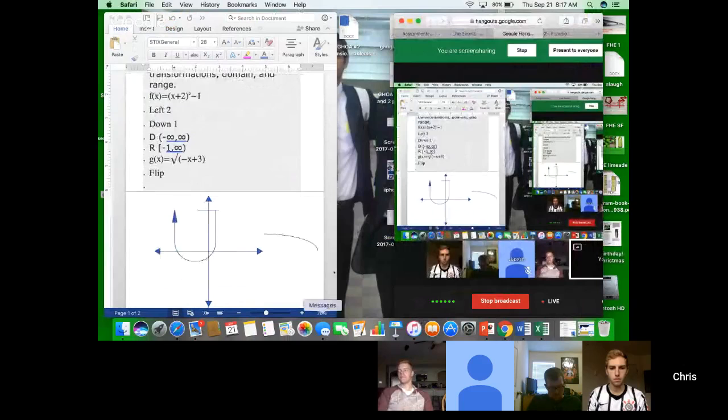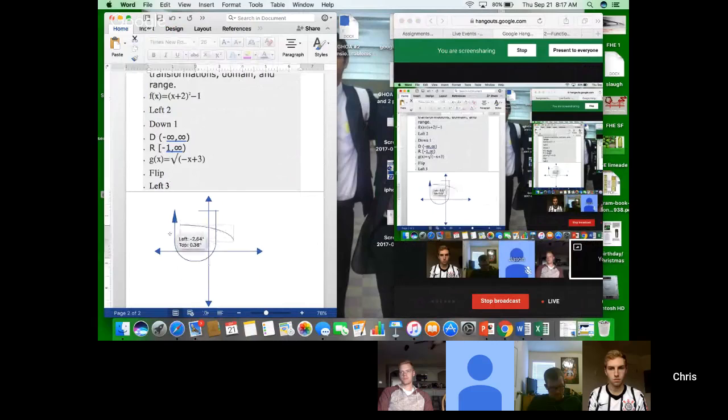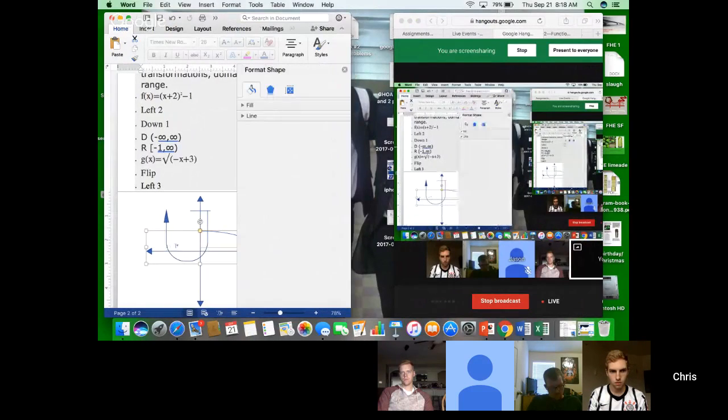So we know that we just flipped it. And then because it's inside the parentheses, we do the opposite. So we have to go left 3 spaces. That's going to be about... No, it doesn't want to fit on the screen. Shrink it down a bit. Come on.